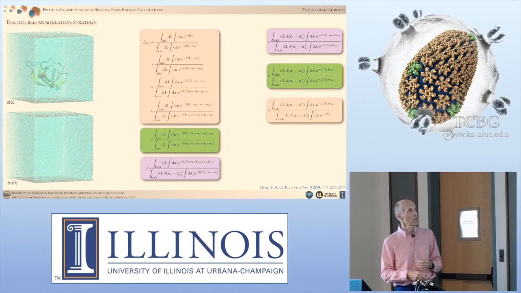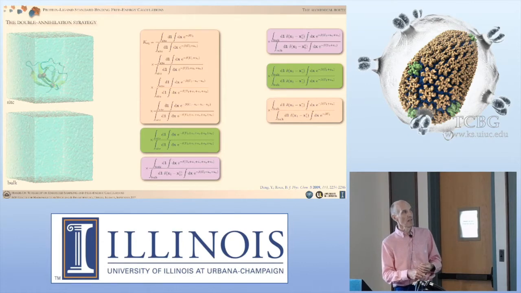And so these different restraints correspond to configuration integrals. What you have in green are the alchemical transformations. So we have the conformational restraint, the orientational restraints, the polar angles in spherical coordinates. Here we have the conformational restraint for the ligand in the bulk.